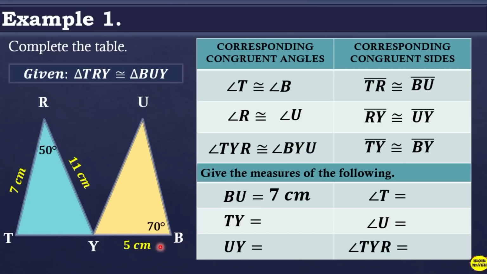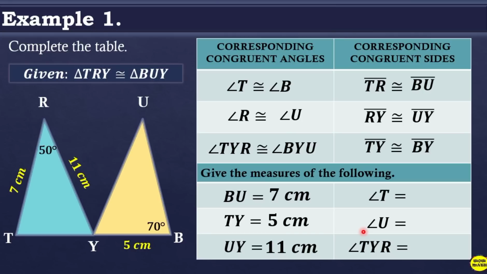If this is 5 centimeters, your TY is also 5 centimeters. For UY, segment UY is congruent to segment RY. If your RY is 11 centimeters, your UY is also 11 centimeters.